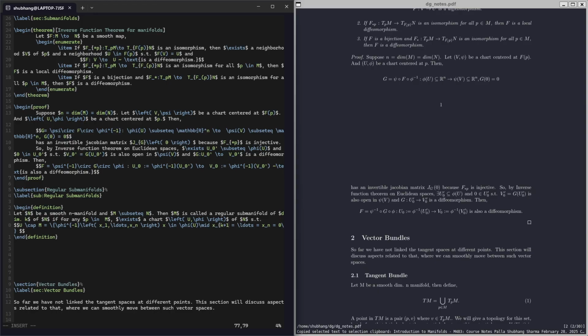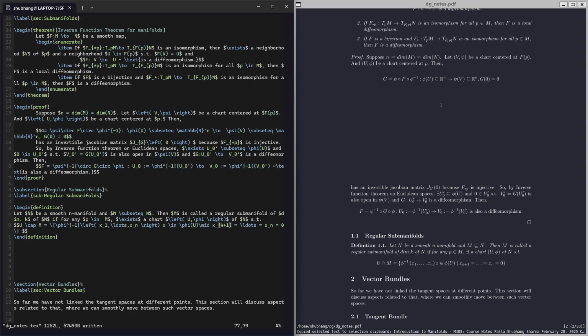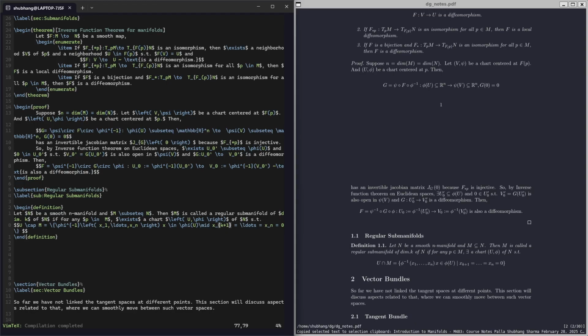So basically the last n minus k coordinates are 0.